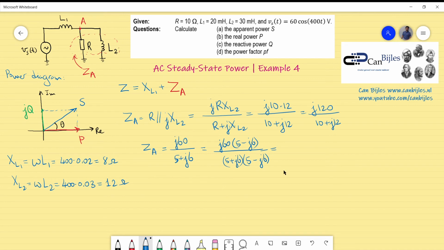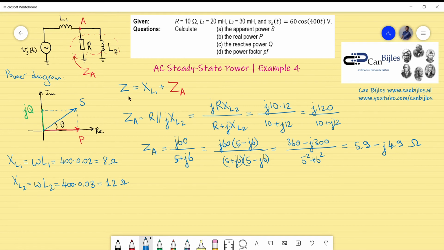So what you have is 360 plus j300 divided by 5 squared plus 6 squared. Now if you work this out, you will get the following expression: 5.9 plus j4.9, in ohms. This is the expression for ZA in rectangular form. I will keep it like this. I will not go to the polar notation, which is not required at the moment.